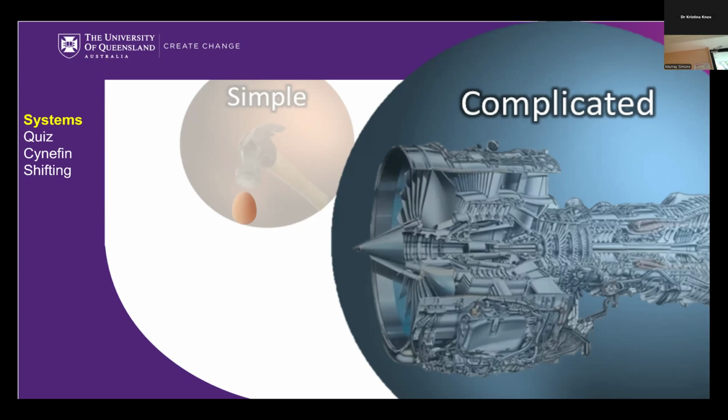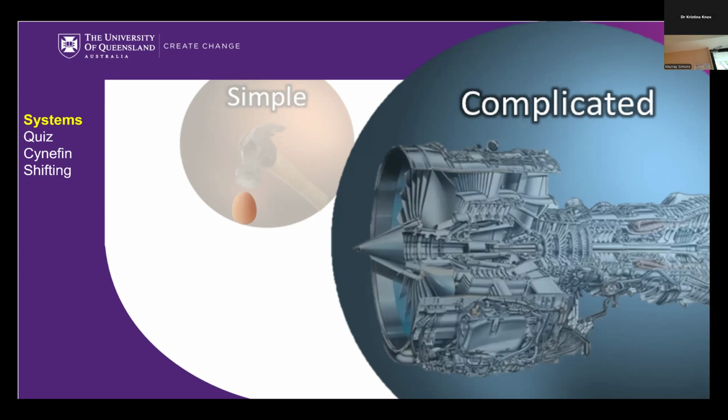Who goes to the student bar and uses the word complex and complicated interchangeably? Tell you what, when you're at the bar and your mates are talking complicated and complex and they get this wrong, don't correct them, right? Because you just don't want to be that person, because that's a bit nerdy. But there is a very different term for each, which have a fundamentally different meaning, which is really important for you as designers to understand.